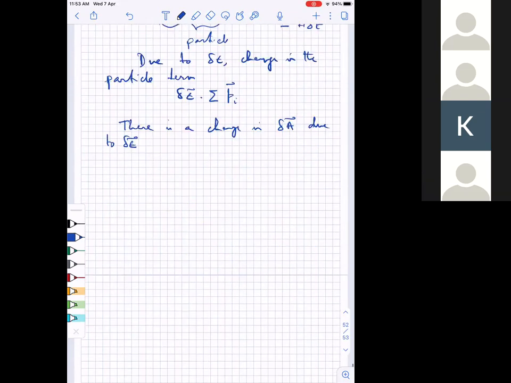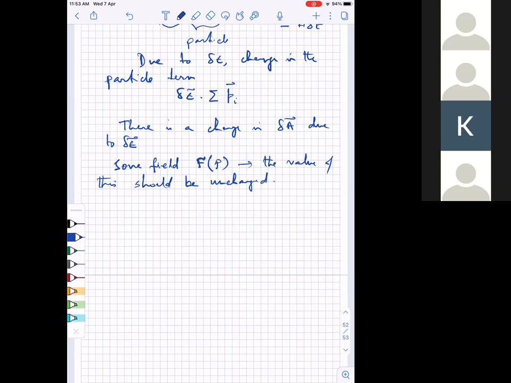So the value of some field, let me call it f tilde, at this point P should be unchanged. Due to this rigid displacement, the value should still be unchanged.